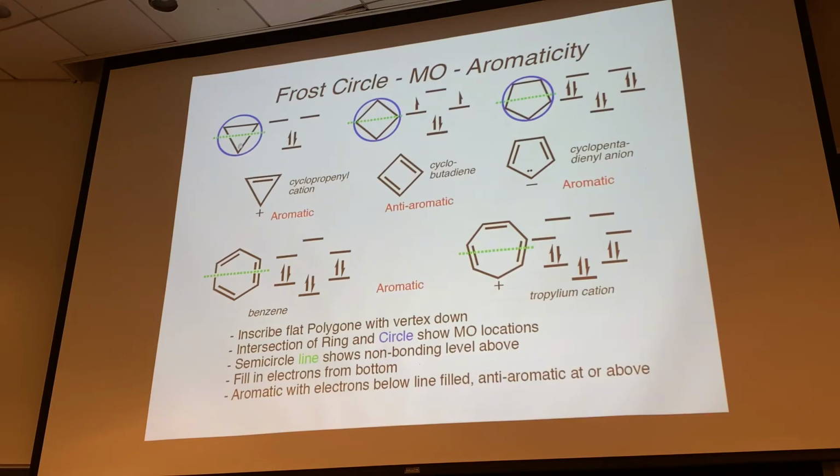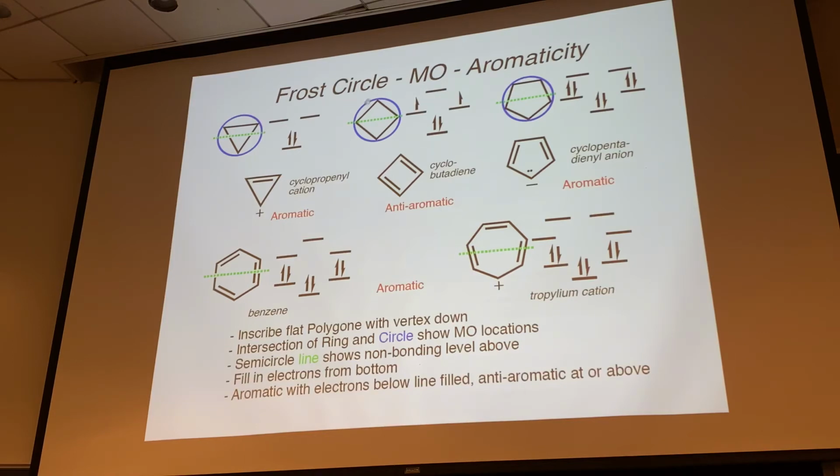This one is aromatic, where the filled one is below enough this halfway point drawn through the diagonal position of the circle. I think I got that right, Aaron. Is that right? Okay. And the empty ones are far enough above it, and you fill everything below that diagonal point, then it is aromatic. Yeah, so this one's aromatic. We talked about that. That's 2 pi electrons, right? Flat, planar, continuous.